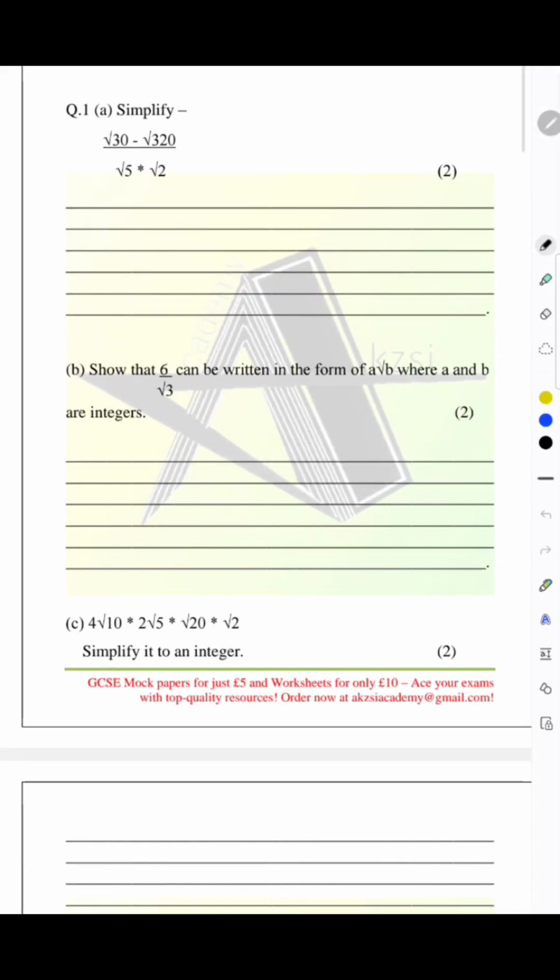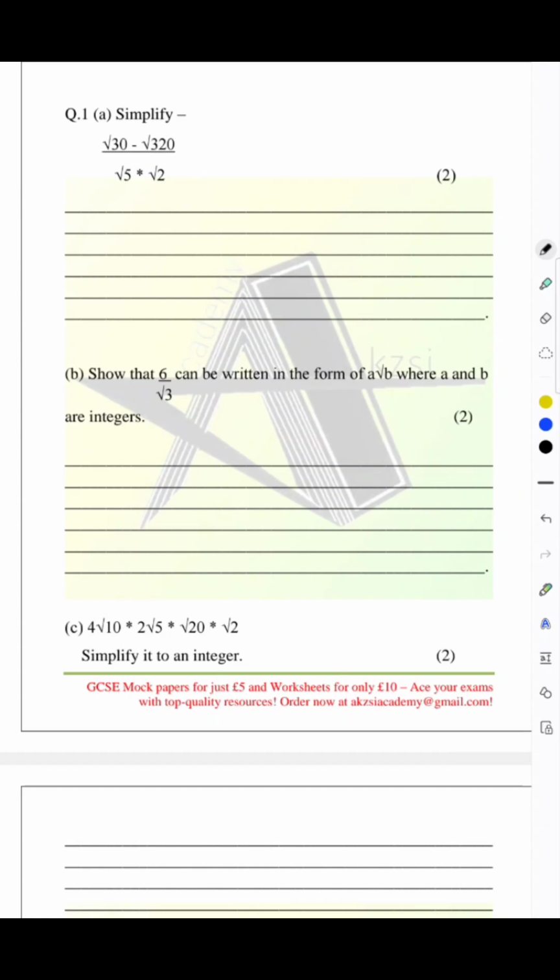Continuing, root 30, this is called simplifying. If you're not aware of simplifying Surds, it means you have to find the prime factors. There are 2 ways of solving it, and you can opt for any one. First, you prime factorize, and I'm showing you for root 30 what both methods are.